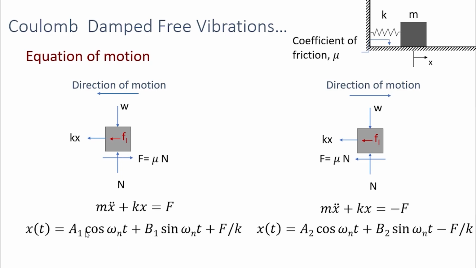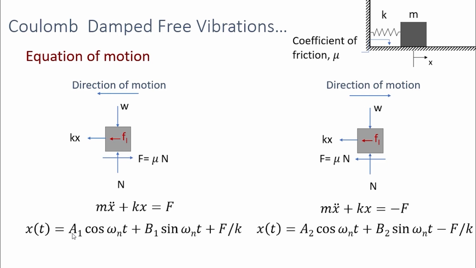The constants A1, B1, A2, B2 are calculated using the initial conditions at each half cycle, because in one half cycle the mass will be moving in one direction, and in the next half cycle the direction of motion will be the opposite.